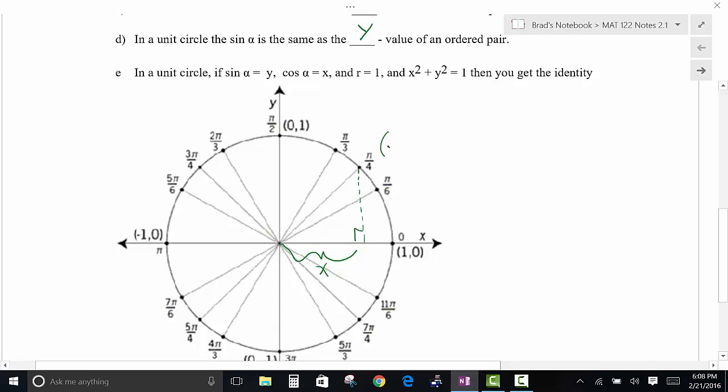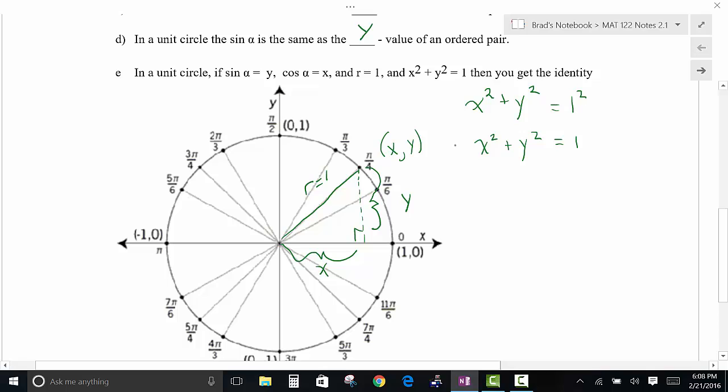You have some arbitrary point x, y, and then you have a y value like this. And then we would have the radius as the hypotenuse of this right triangle. Since we're talking about a unit circle, r equals 1. We know from the Pythagorean theorem that a squared plus b squared is c squared, so we would get x squared plus y squared equals 1 squared, or just x squared plus y squared equals 1.